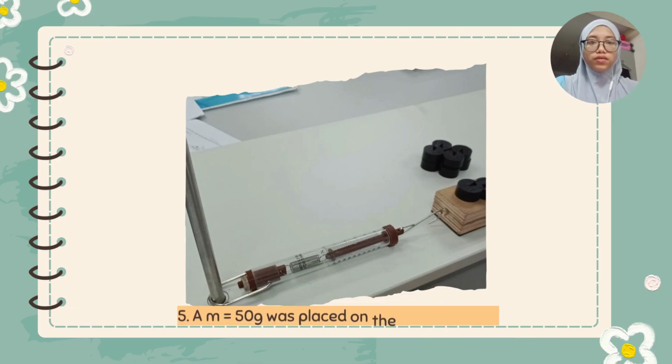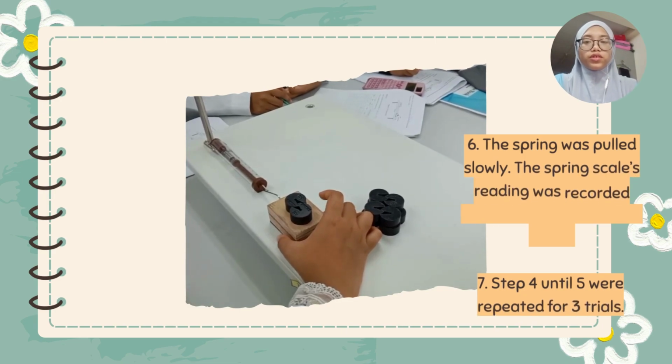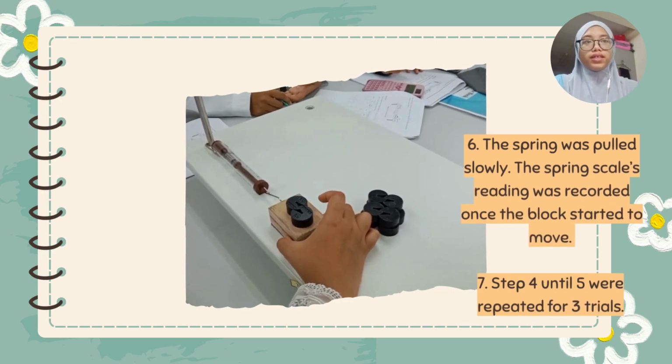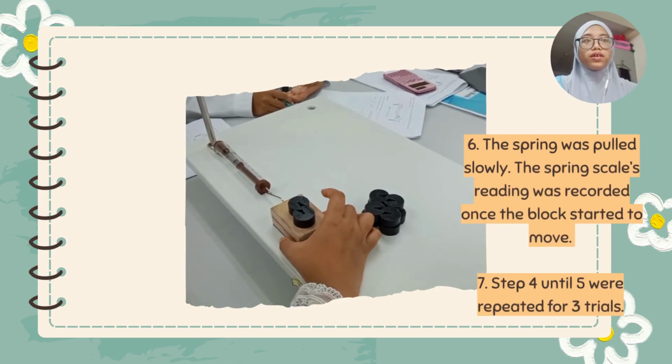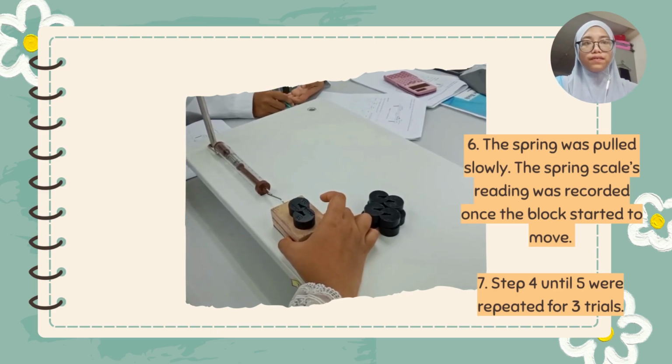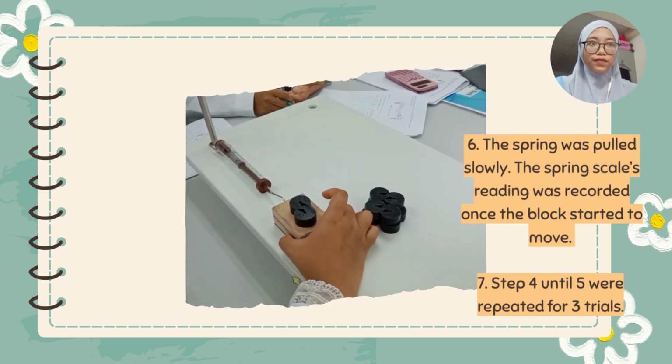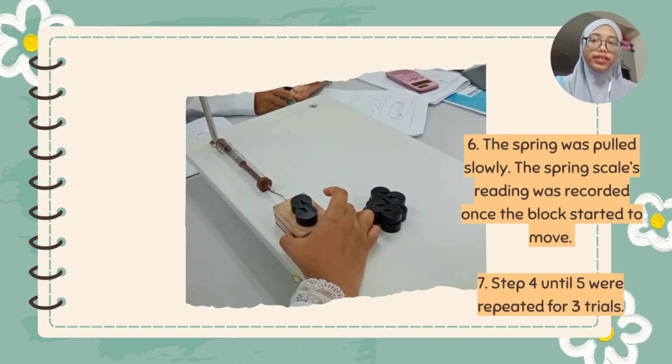Number 5, a 50-gram mass was placed on the wooden block. Number 6, the spring scale was pulled slowly. The spring scale's reading was recorded once the block started to move. Number 7, steps 4 to 6 were repeated for 3 trials.